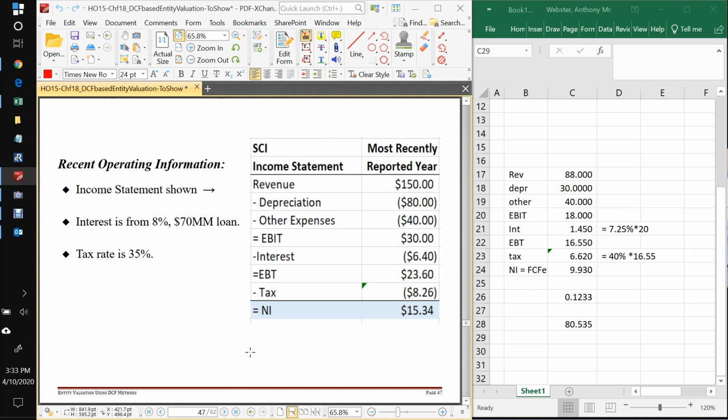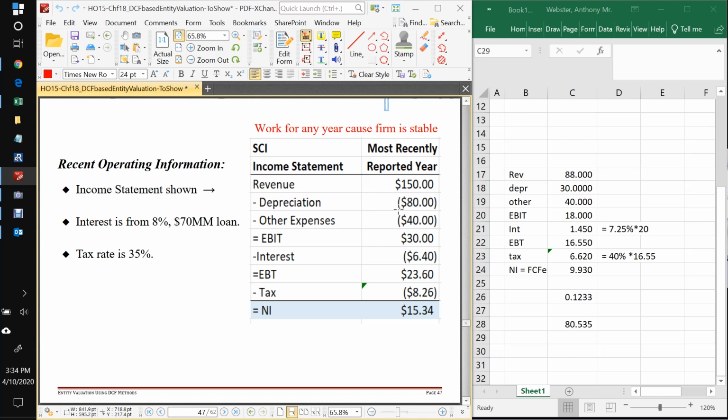Okay, and recent operating information for the firm. We have an income statement here. So remember, it's a stable firm. So part of our modeling assumption here is going to be, again, the firm is stable. So revenue in any given year, 150 million.